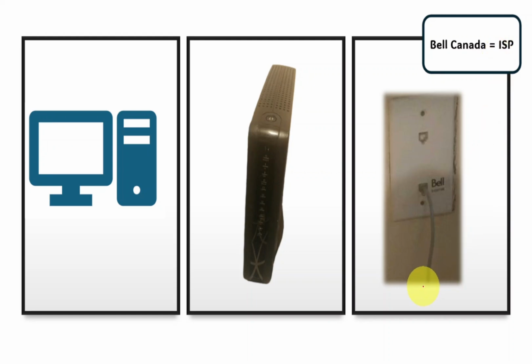This one is in your home. Now, this is going to come inside. If you live in an apartment, usually it's downstairs in the basement. You don't see it. But how does it come into the building?